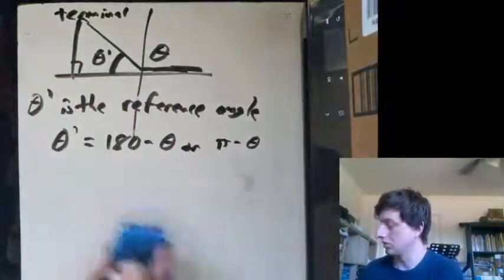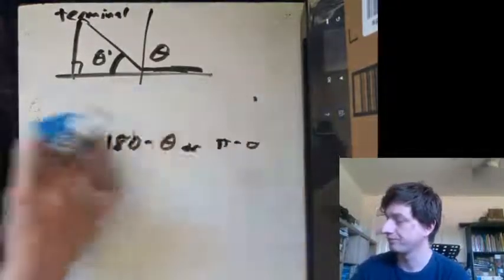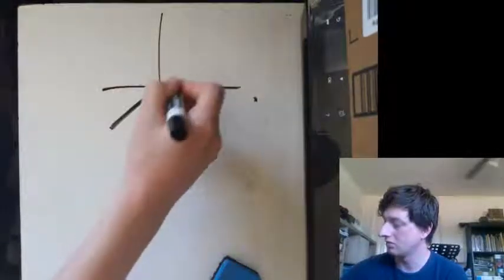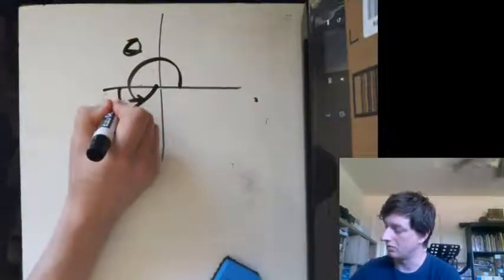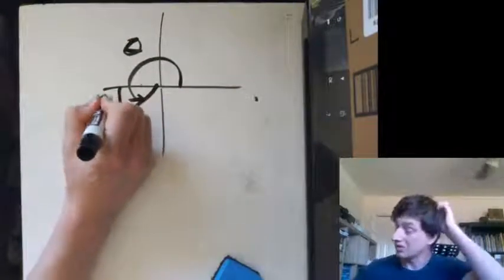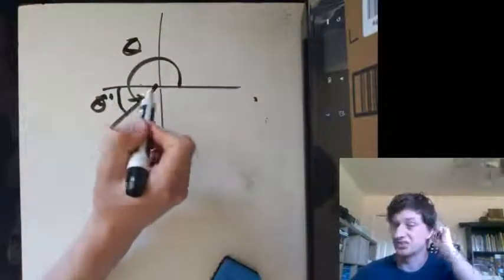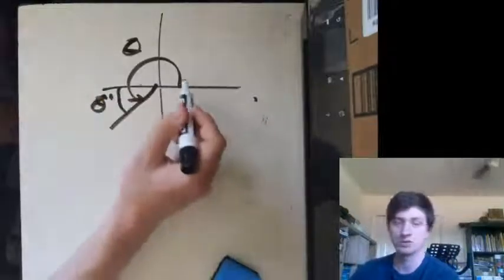So if my angle is this theta, then the reference angle is going to be this, because it matches to the closest 180 on the x-axis. It doesn't match to the next vertical line. It matches to here. So this would be our reference angle.